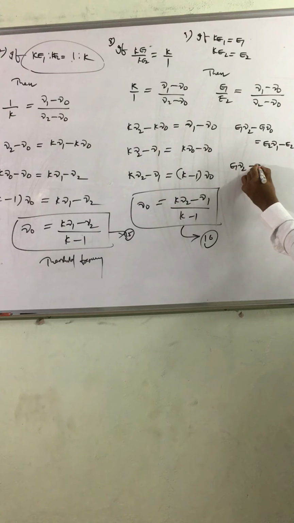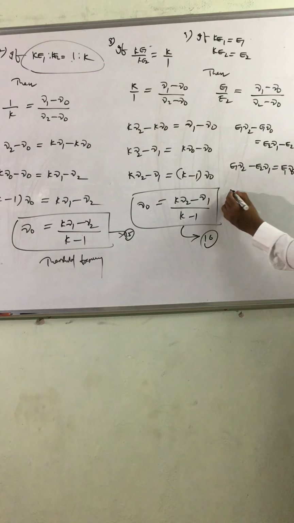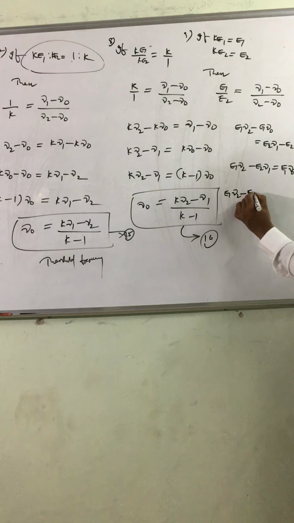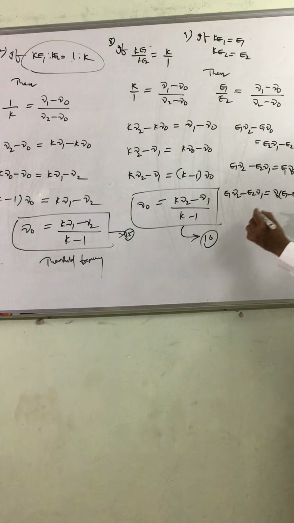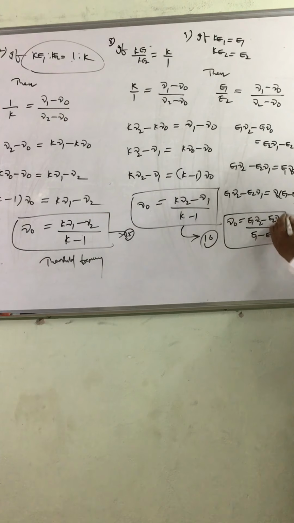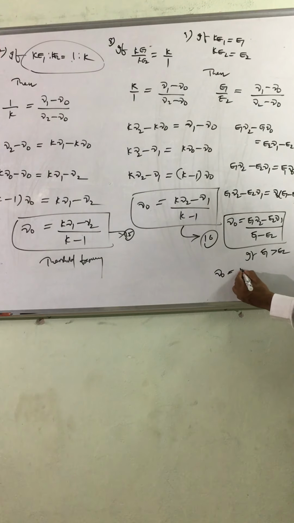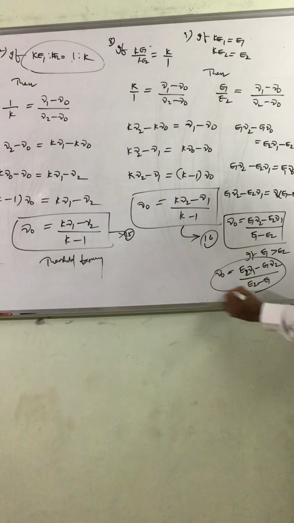So E1 nu2 minus E2 nu1 is equal to E1 nu0 minus E2 nu0, which is nu0 into (E1 minus E2). So nu0 is equal to (E1 nu2 minus E2 nu1) by (E1 minus E2), if E1 is greater than E2. Similarly nu0 is equal to (E2 nu1 minus E1 nu2) by (E2 minus E1), if E2 is greater than E1.